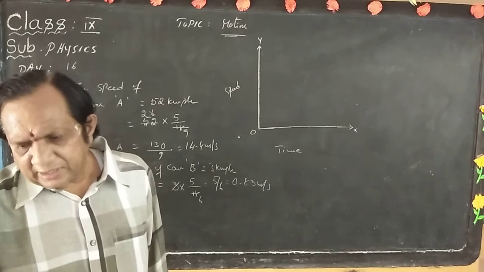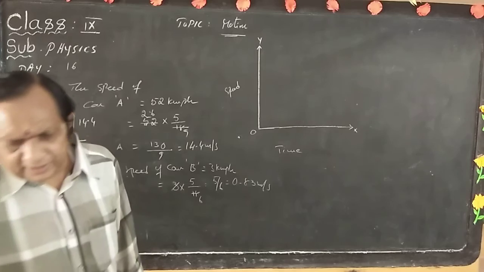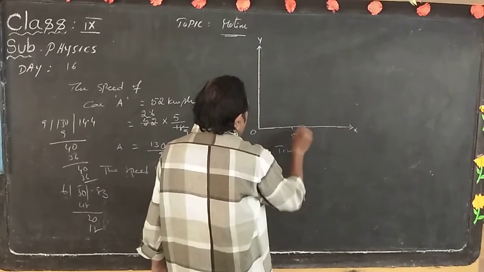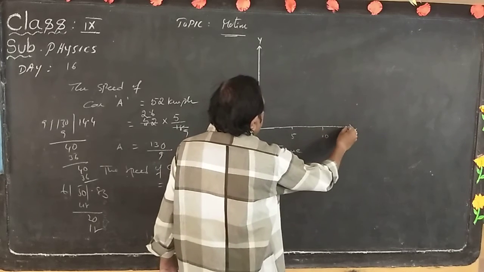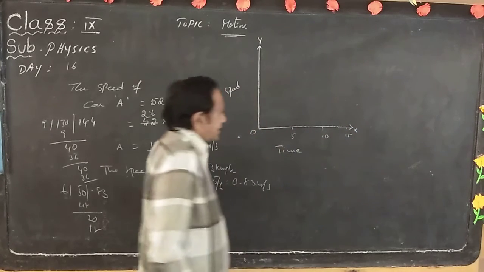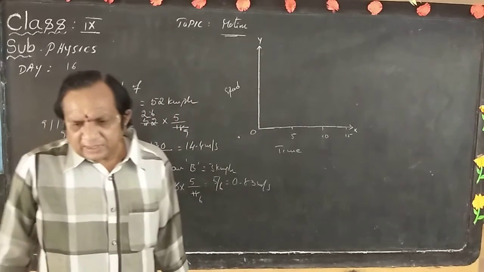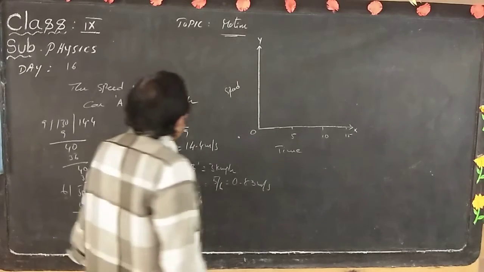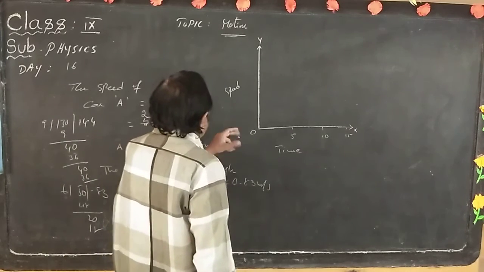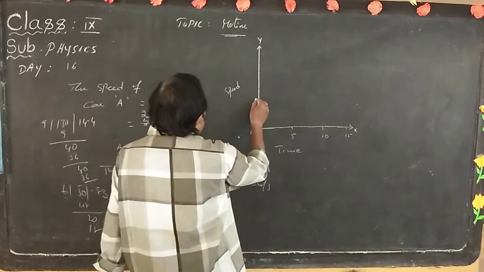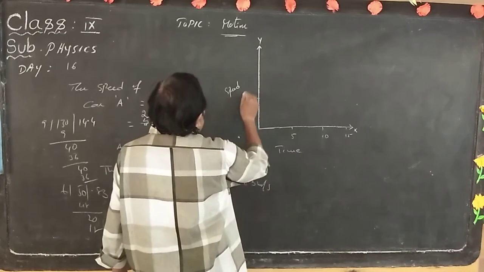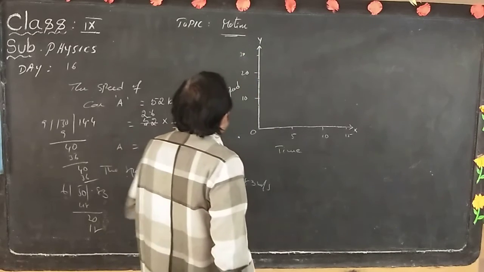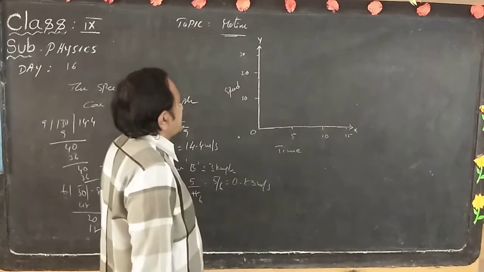So to plot, 0, give two graph lines as 5, 10, 15, like that to be considered on the x-axis, and on the y-axis 10, 20, like that to be considered. 2 lines to take as 10, 2 units to take as 10 centimeters.